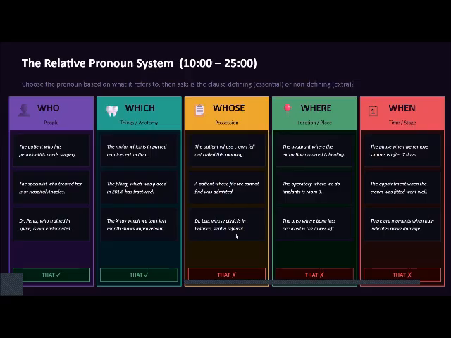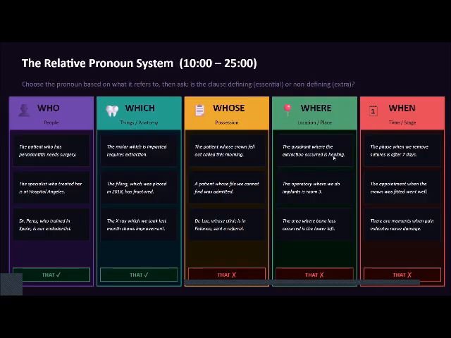All right. Let's go with where. Aline. The quadrant where the extraction occurred is healing.